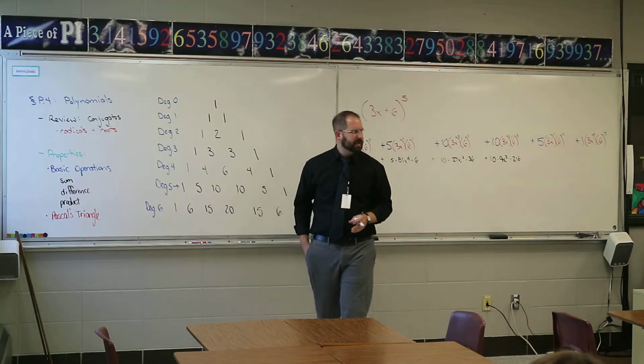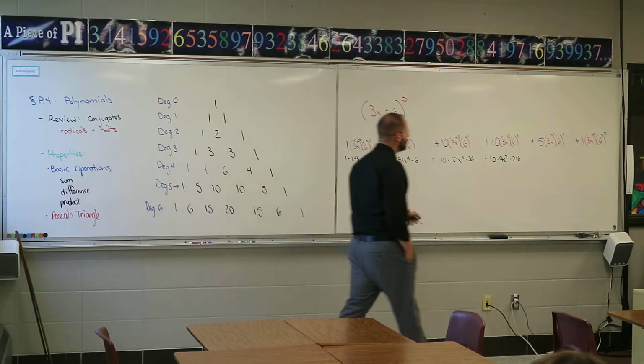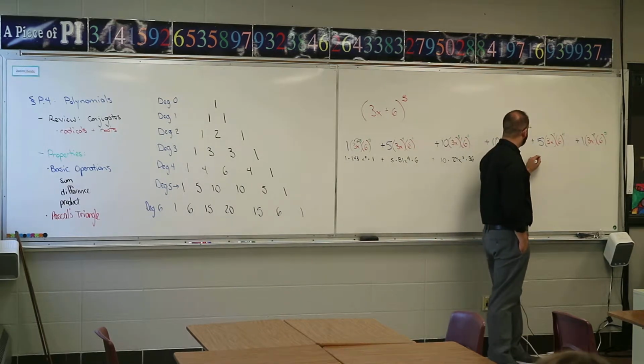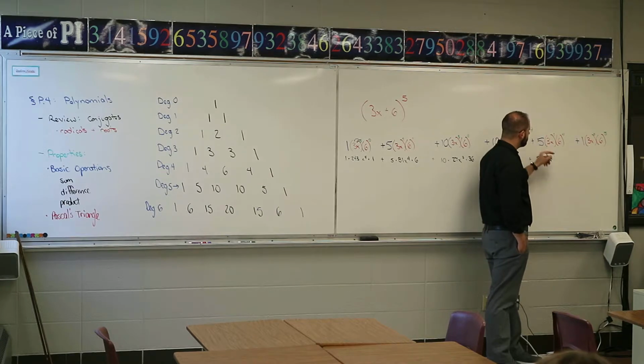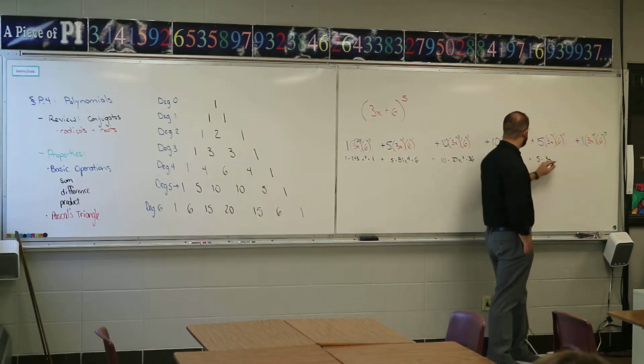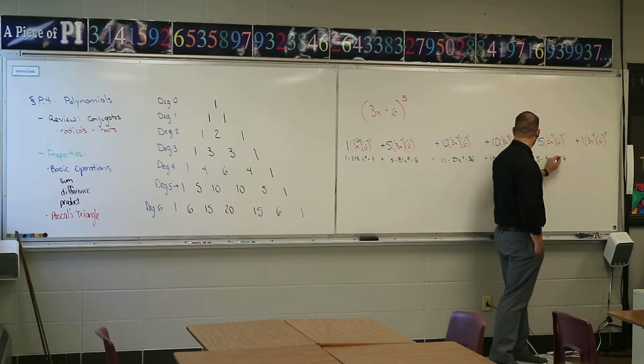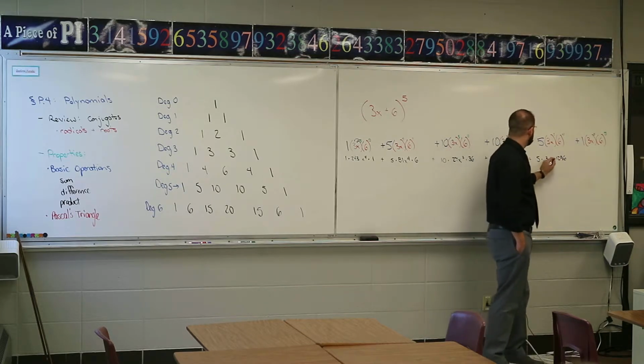Getting kind of big numbers now. Yikes. Then you have 5. We have a 3x to the 1st. 6 to the 4th. That's 216 times 6, that's a 6, carry a 3, that's a 9, and is that 1296? Okay.